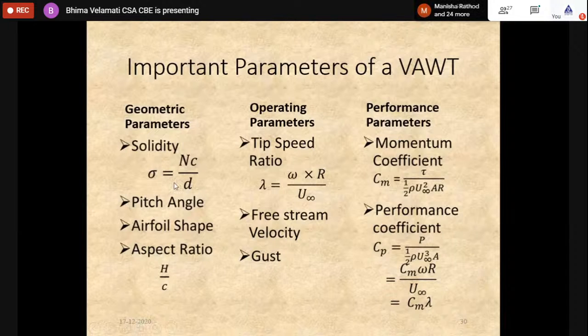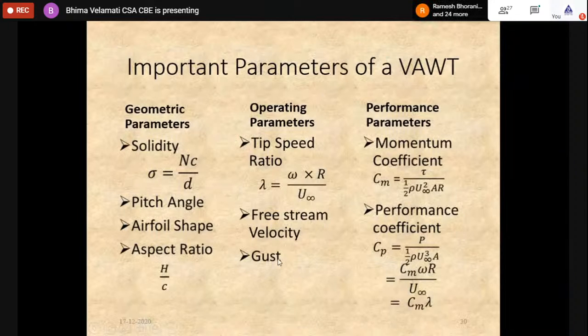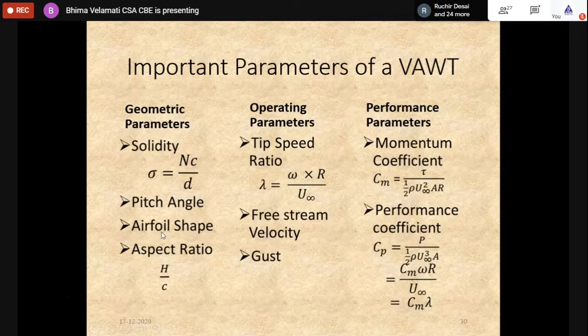This combines three features: number of blades, chord, and diameter of the turbine. Pitch angle is how the aerofoil is placed with respect to the surface of rotation. Then aerofoil shape. Aspect ratio is chord to height of the turbine. These are the geometric parameters of interest for any vertical axis turbine.